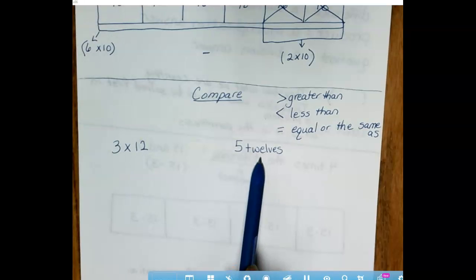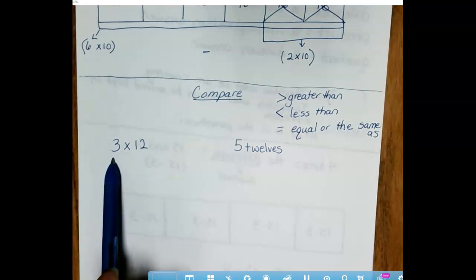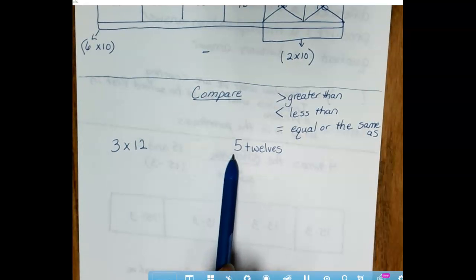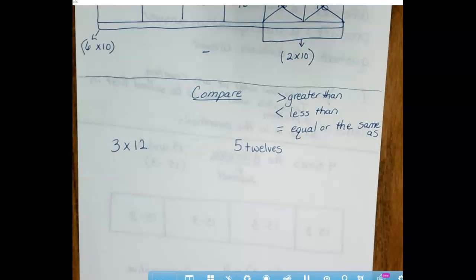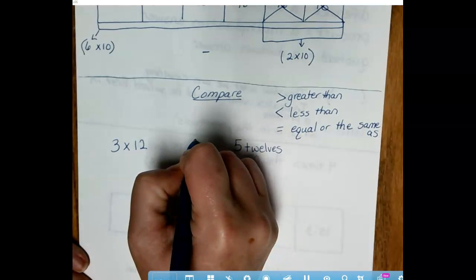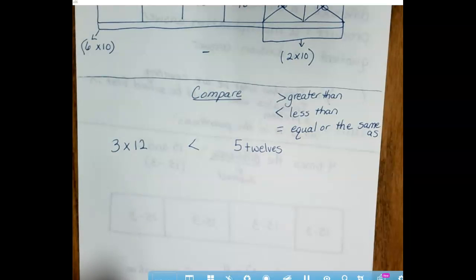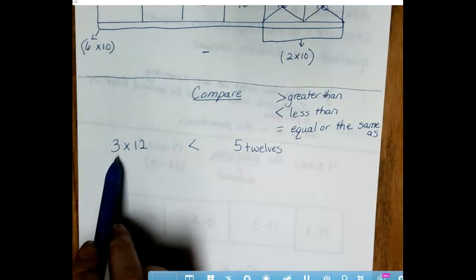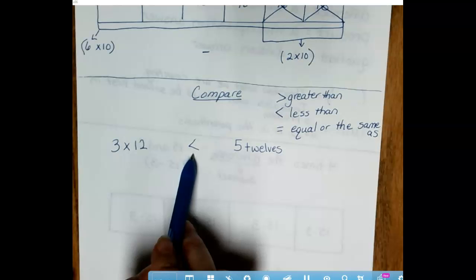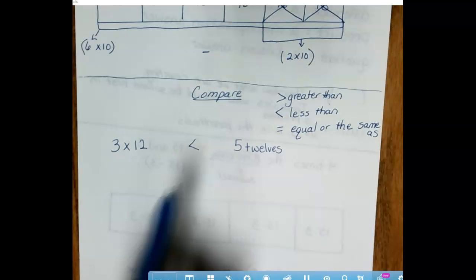We're multiplying 12 in each case, and on this side we're multiplying it by 3, and this side we're multiplying by 5. Remember that your alligator likes to eat the biggest number. So I'm going to draw my alligator eating the 5 12s because 5 12s is larger than 3 12s. So I can say 3 times 12 is less than 5 12s.